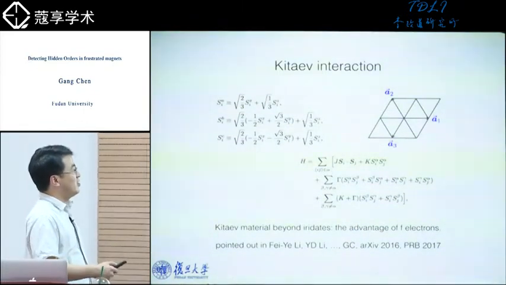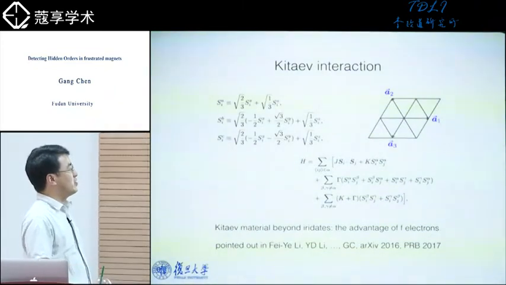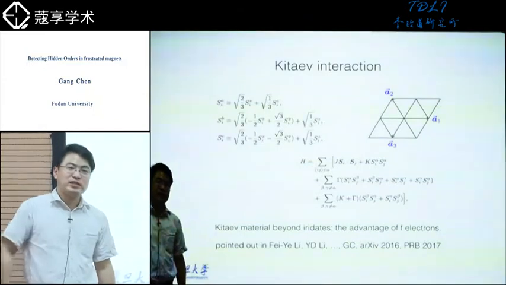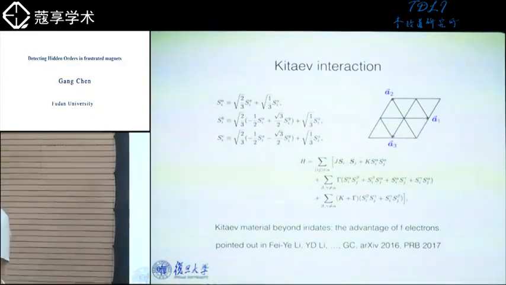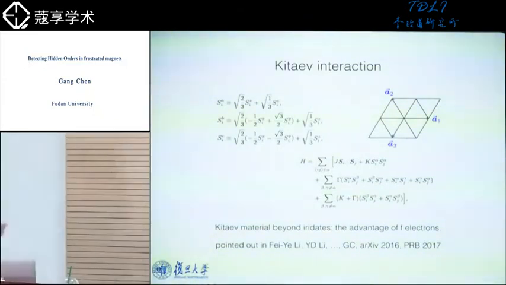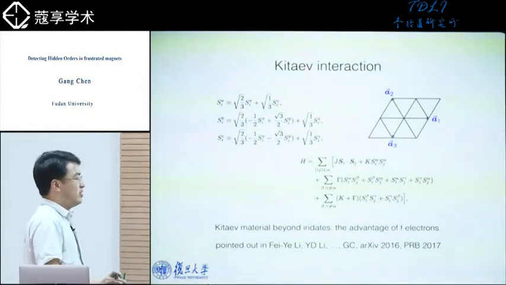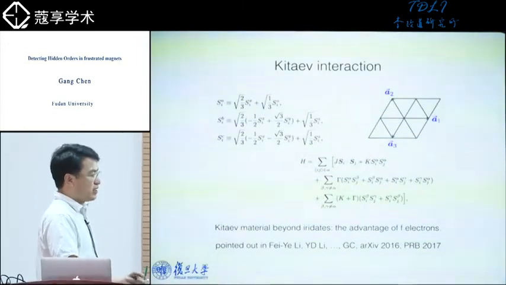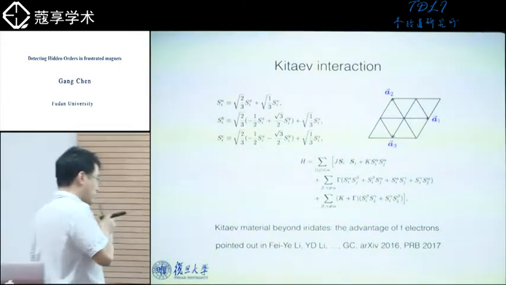People study these 4d and 5d transition metal compounds like iridates and ruthenium trichloride, trying to understand the presence of Kitaev-type interaction, and whether the Kitaev spin liquid can be realized or not.